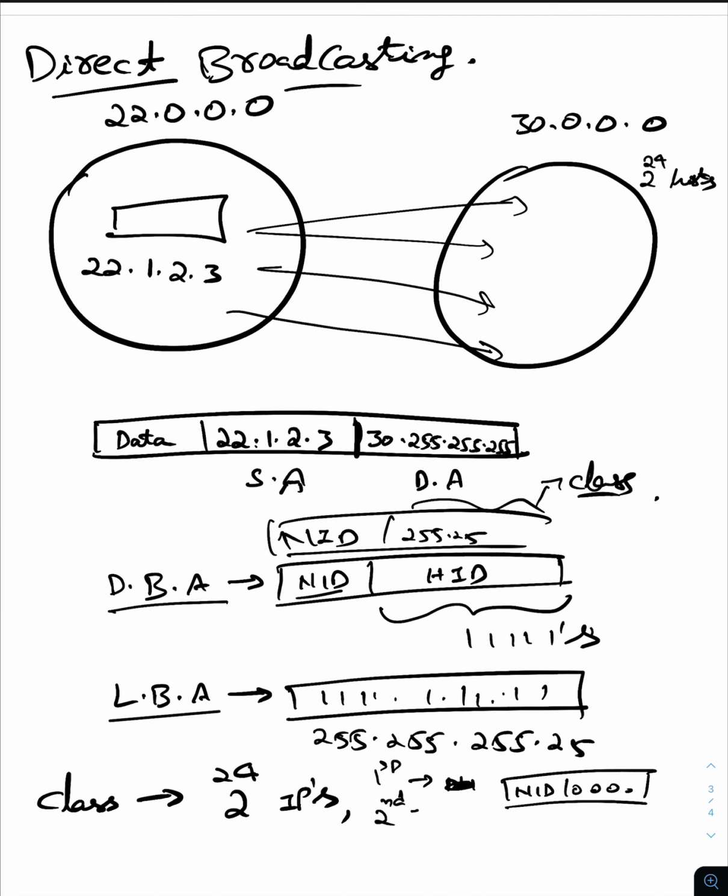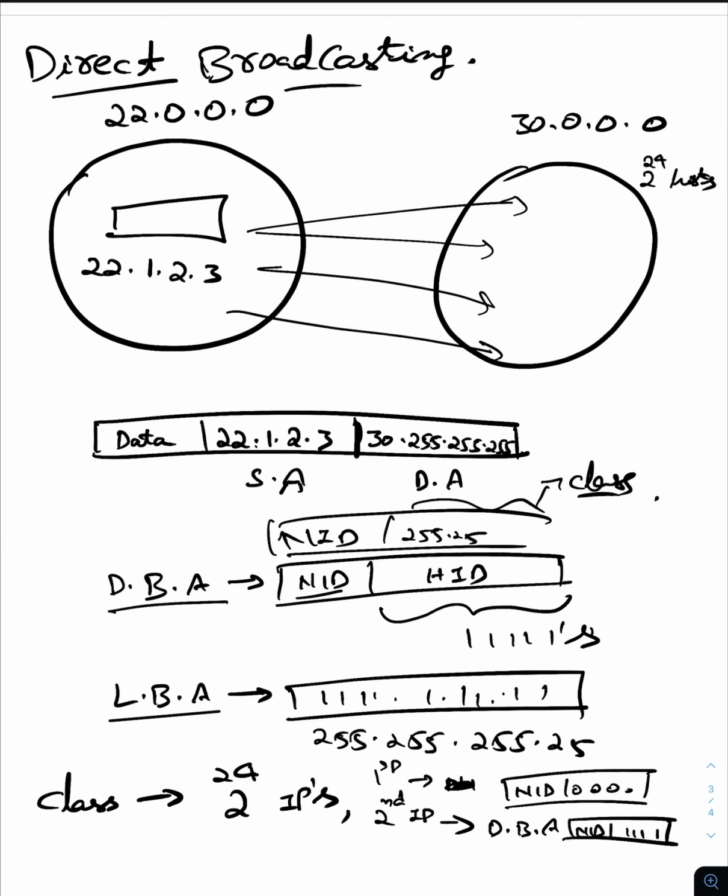The second IP is reserved for your direct broadcast address, which is the network ID followed by all the ones.